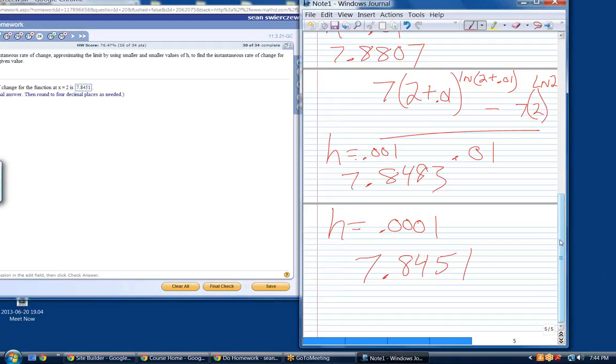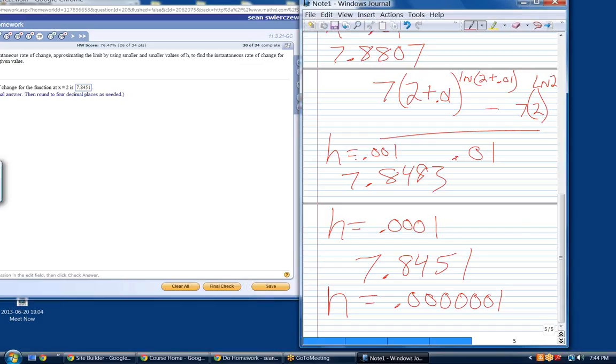Here's a thought. Let's just skip all the others. Let's try h equal to 0.00000001. That has to be it, doesn't it? Doesn't that have to be accurate to 4 decimal points? Almost guaranteed. And why go through all the other steps?